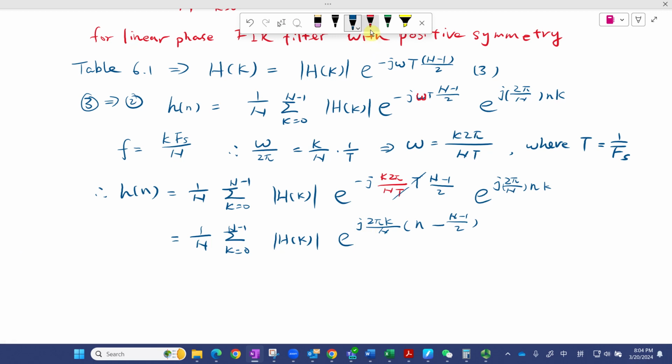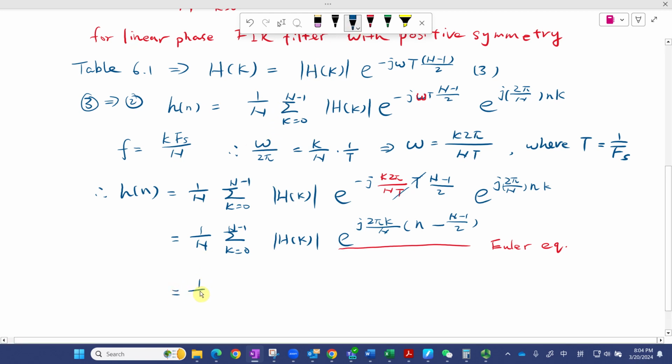For this term, we're going to use the Euler equation. We can expand it into a cosine and a sine term. It's going to become a pretty long equation.